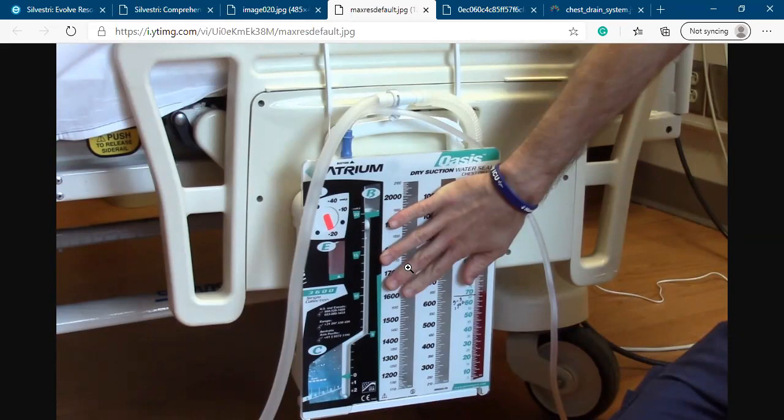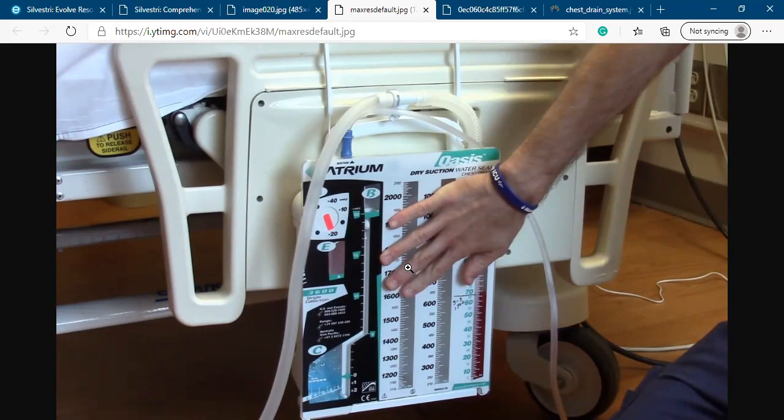Blood and air both in the lungs is called hemopneumothorax. So we use the chest tube to remove the air, remove the fluid, or remove both, for pneumothorax, hemothorax, or hemopneumothorax, right?